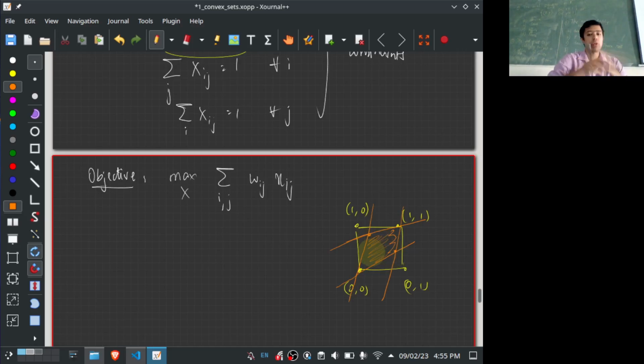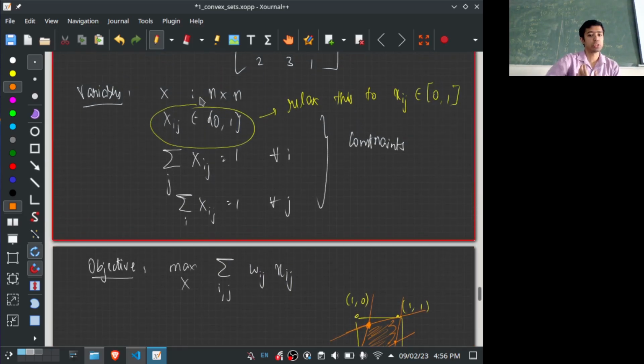So suppose I solved this linear optimization problem. I used the solver to solve this, and ultimately it said that the optimum value is achieved at this particular vertex. Now this is a fractional vertex, and it doesn't give me a solution where xij is 0 or 1.